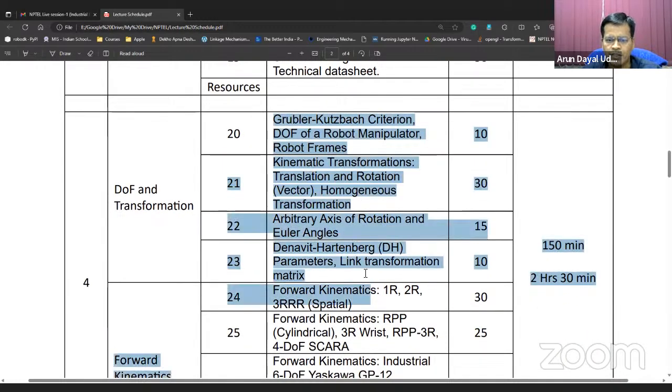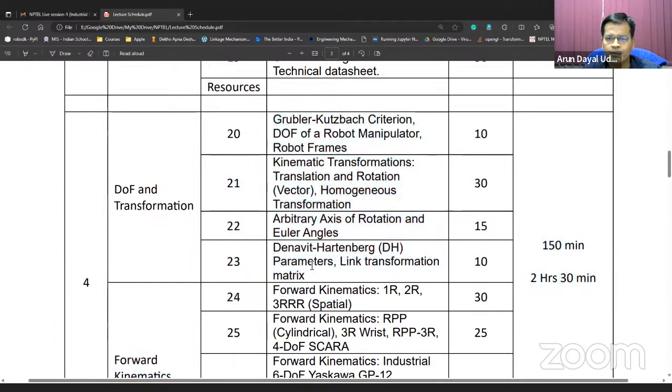So you will be having a test at the end. This will cover basically degrees of freedom, robot manipulator, kinematic transformation, translation as well as rotation, vectors, homogeneous transformation matrices, arbitrary axis rotation, DH parameters. That is one of the most important things that will be covered in this module itself.